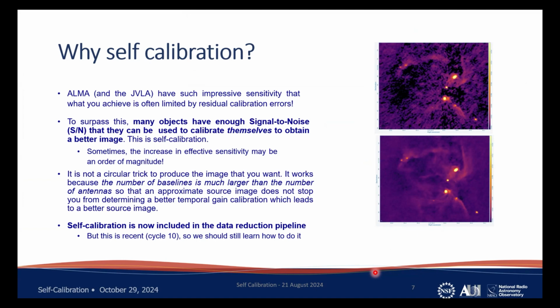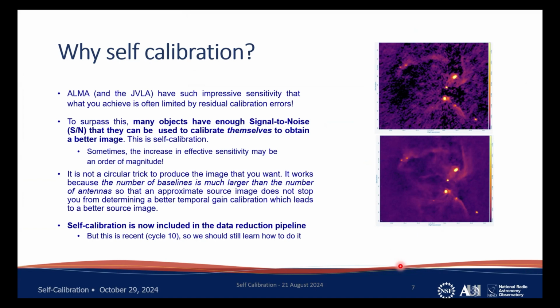But it's actually not the case because, as I said, we need a huge dynamic range in the brightness, and we need good signal to noise to do self-calibration. If you don't have good signal to noise data, you shouldn't be doing self-calibration. This is only for already good signal to noise data where you want to push the sensitivity even further.